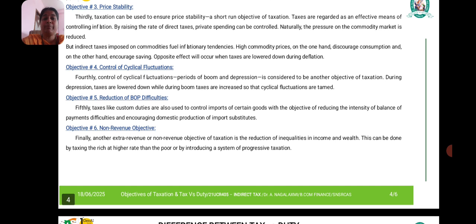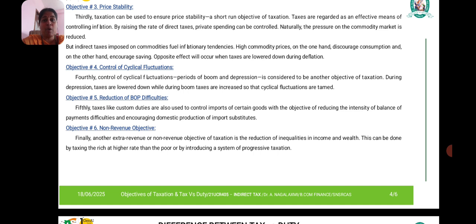Next, reduction of BOP difficulties. What is BOP? Taxes like customs duties are also used to control the imports of certain goods, with the objective of reducing the intensity of balance of payments difficulties and encouraging domestic products as import substitutes. What does that mean? Our own country's products have to be sold inside the country and used by the people.